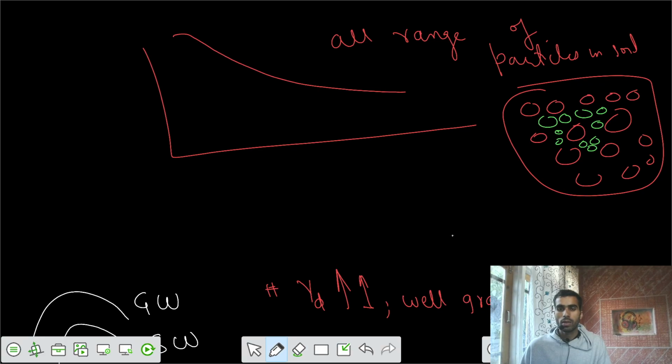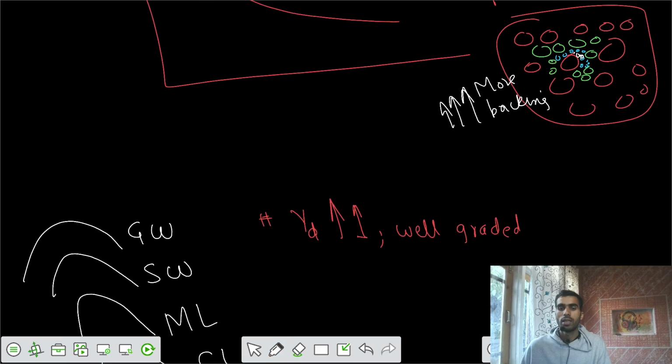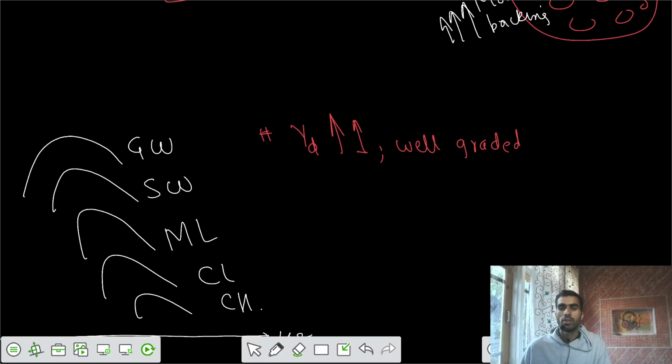Once those voids are filled, we have voids between those small particles, which are filled with other particles lesser than that. So there is more and more packing. More amount of solids can be packed. That's why gamma dry increases.